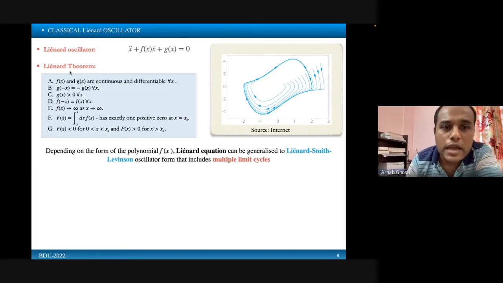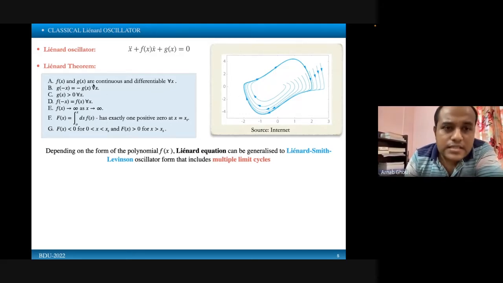According to the Liénard theorem, g(x) is an odd function, f(x) is an even function, and f(x) must have one positive zero at some x equal to x_s. It is negative within some region and positive beyond, so that this nonlinear damping term contains both negative and positive damping, so that small oscillations get pumped up and large amplitudes die down, so that the system oscillates at some intermediate amplitude, giving rise to limit cycle oscillations.